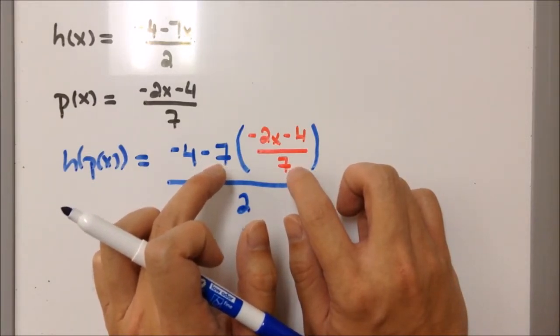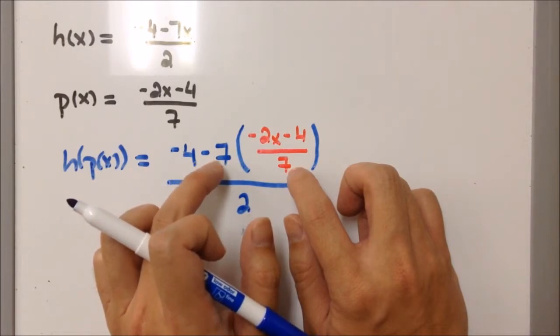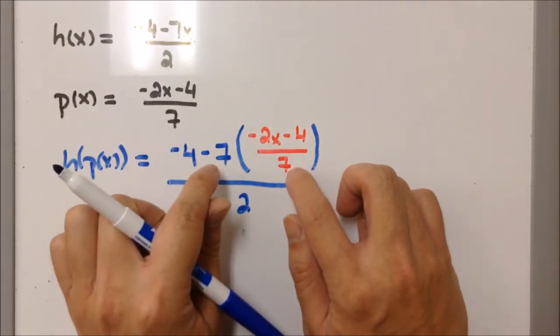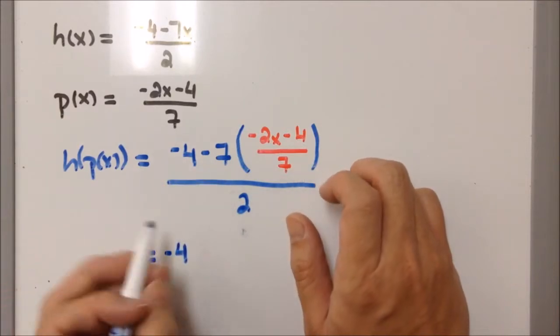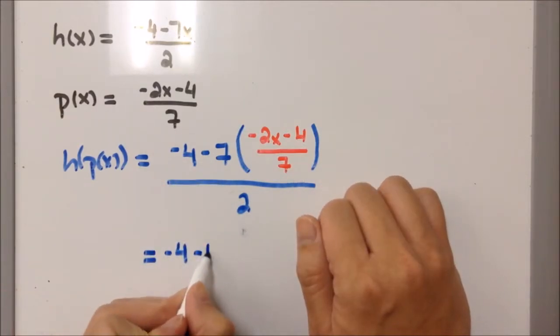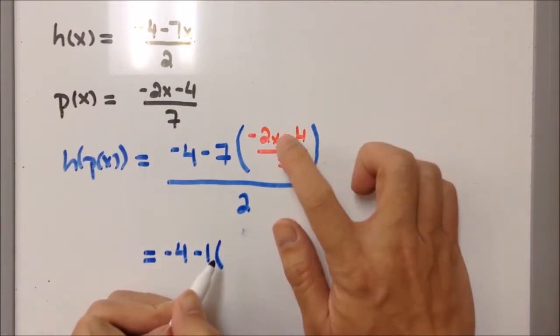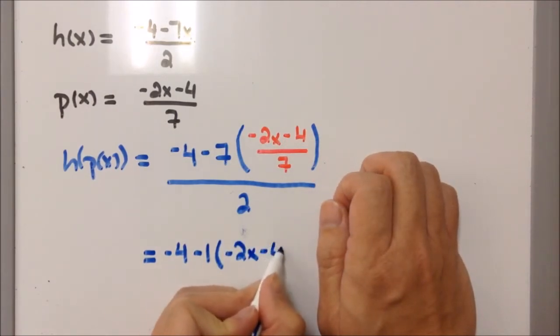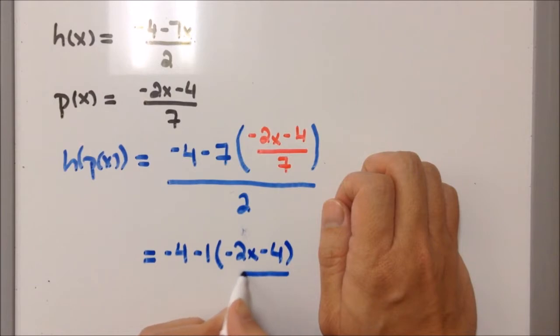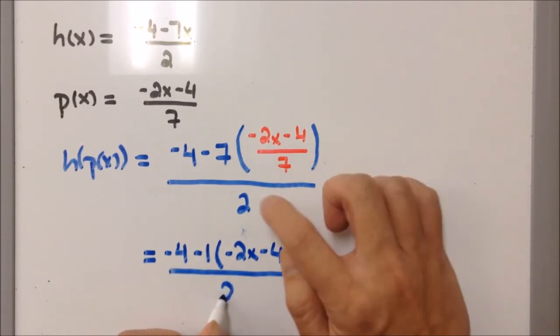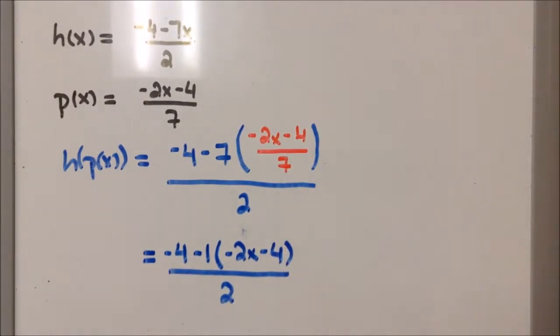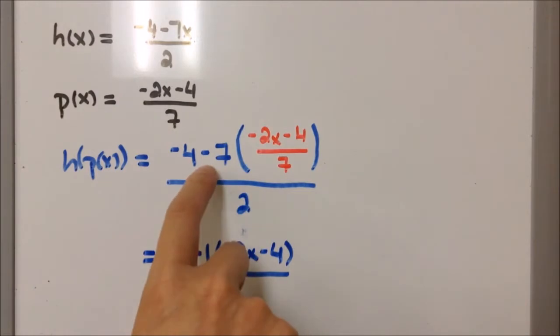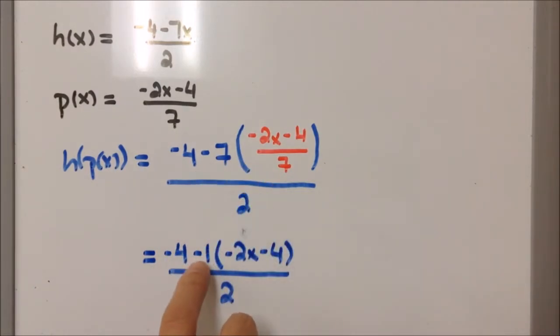So that would be 1. Now, we have -7. So -7 divided by 7 is just -1. So I'm going to write 1, and I put the top. So -2x minus 4, the whole thing divided by that 2. Now the reason I took that a step slower is so that you can see that we still have that negative. So -7 divided by 7 is that -1.